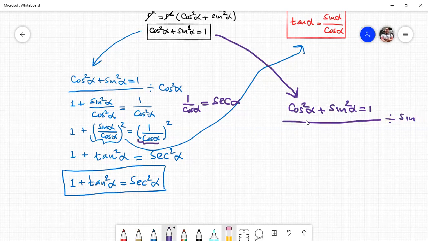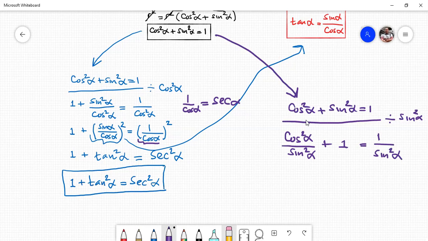So this becomes cosine square alpha out of sine square alpha plus this is 1 directly. This is 1 out of sine square alpha.